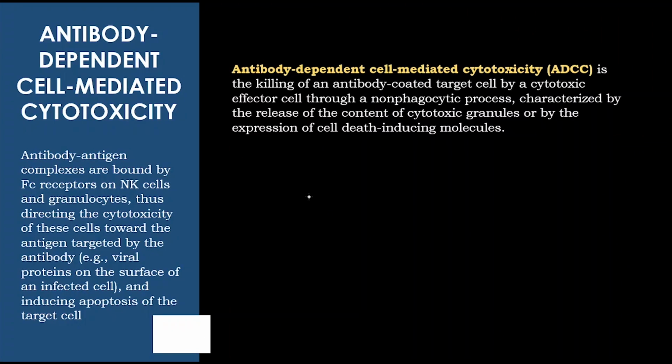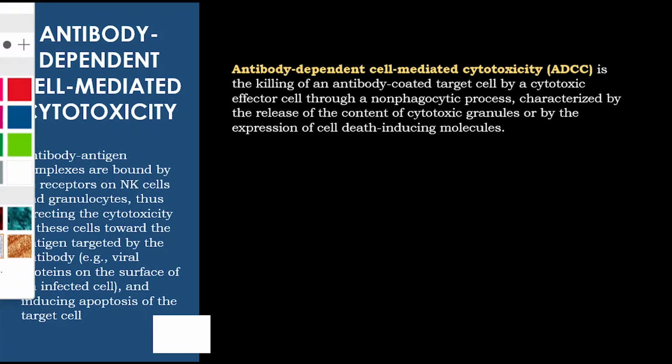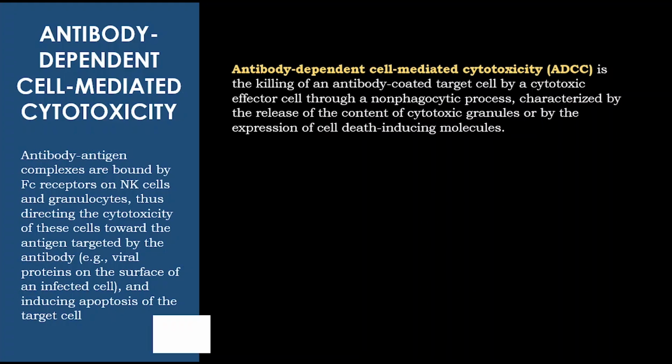The last function of the antibody is antibody dependent cell mediated cytotoxicity. From the term only we can understand it is the cytotoxicity which is dependent on antibody. In brief, antibody antigen complexes are bound by Fc receptors on NK cells and granulocytes, thus directing the cytotoxicity of these cells toward the antigen targeted by the antibody.